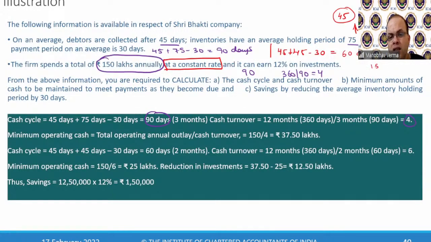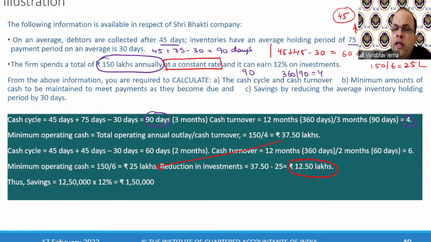So the new requirement would be 25 lakhs, and hence we are talking about a reduction of the cash requirement by 12.5 lakhs. I hope you understand part C of this question. The 37.5 is reduced to 25 lakhs, and hence we are saving 12.5 lakhs, and this surplus would be invested to earn 12%. So 12 lakh 50,000 at 12% will be a savings of 1 lakh 50,000 here.